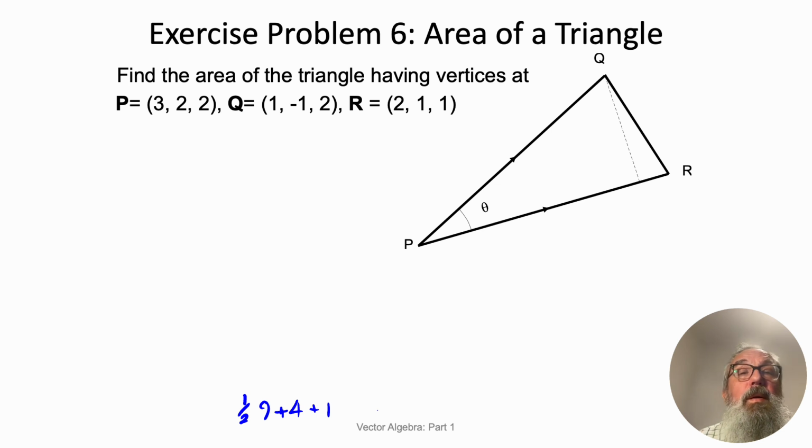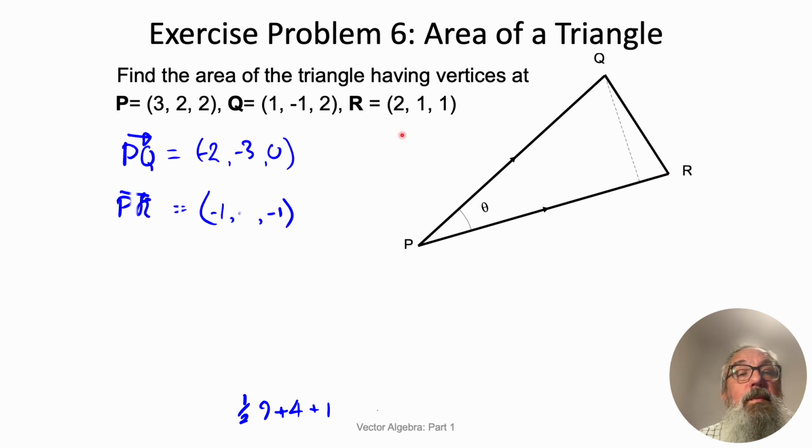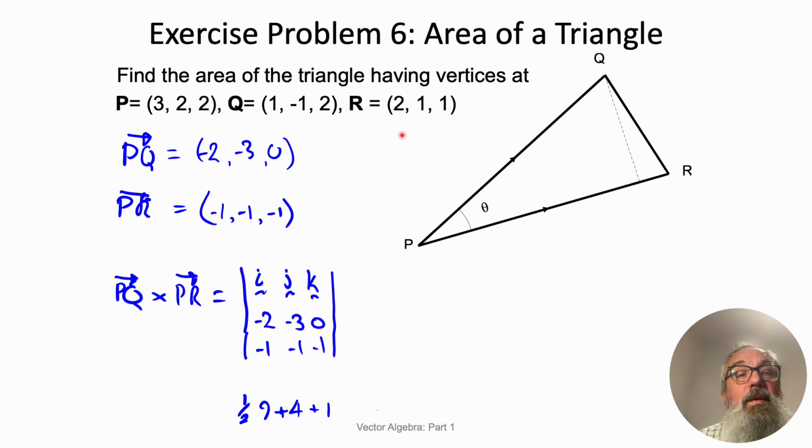Let's do a calculation of the area of a triangle now. Three vectors defining the points P, Q and R. We need to work out P and Q. We need to work out P and R. So these are two sides of the triangle.